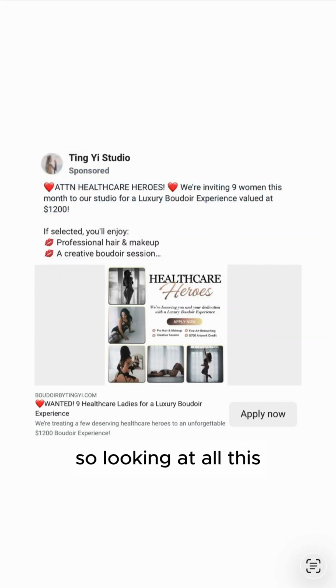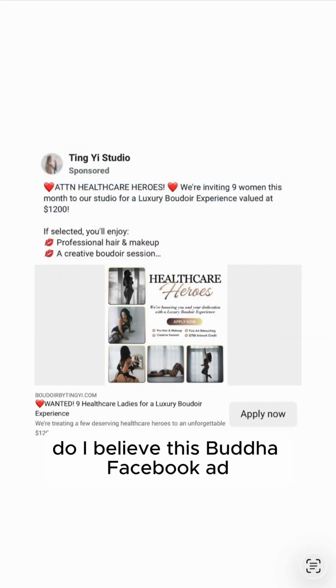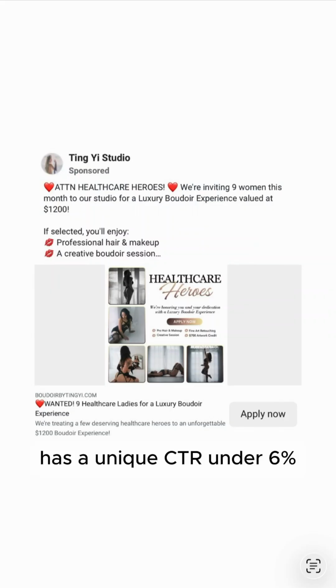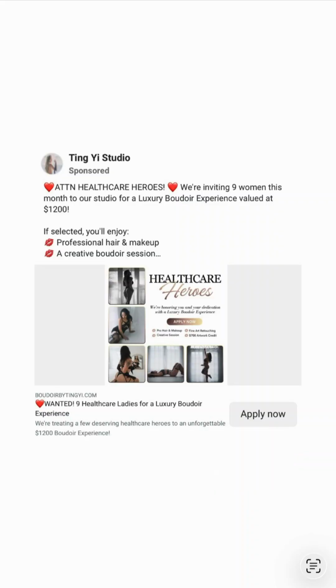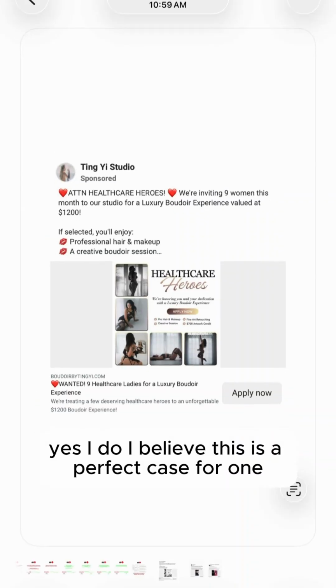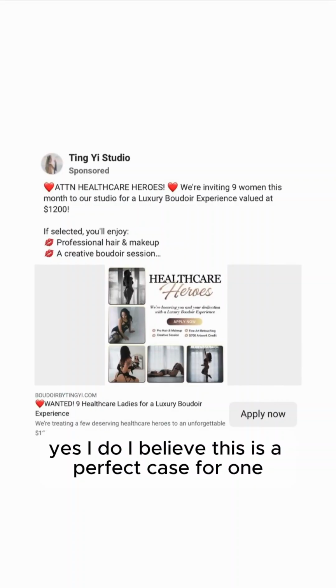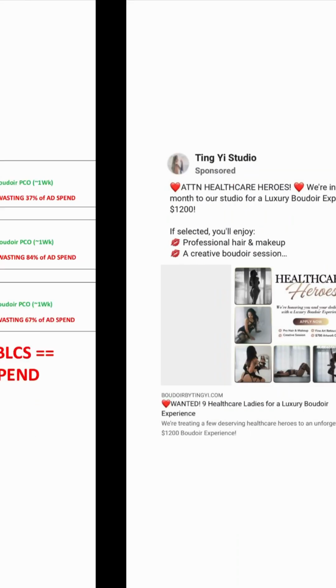So, looking at all this, do I believe this Boudoir Facebook ad has a unique CTRL under 6% and therefore has BLCS, aka Boudoir low-click syndrome? Yes, I do. I believe this is a perfect case for one.